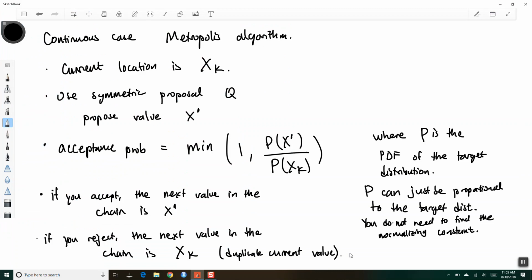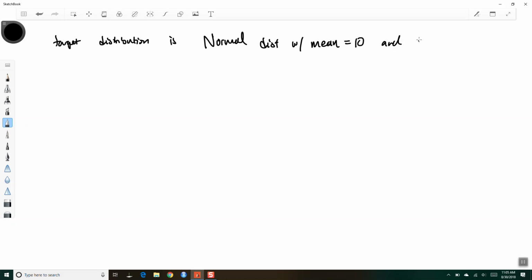All right, let's do a little example here. Let's say our target distribution is the normal distribution with mean equal to 10 and standard deviation equal to 2.